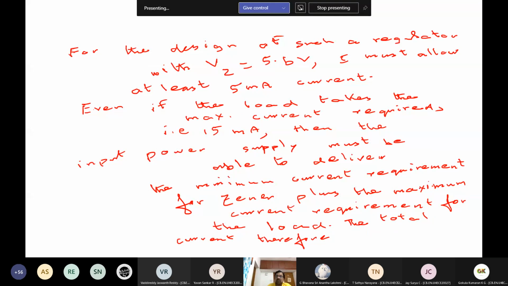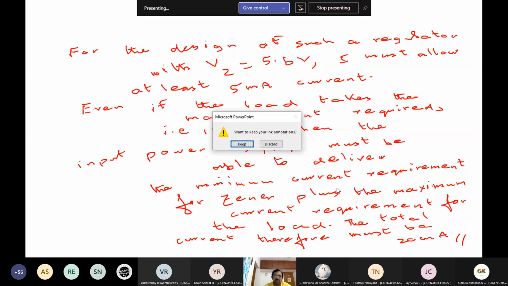So for the design, the total current therefore must be 20 milliampere from the input.